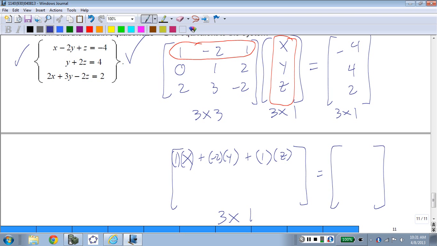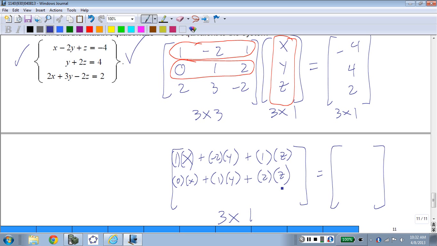The entries in the row on the left multiplied by the corresponding entries in the column on the right. Then I take the 0, the 1, and the 2 and multiply those by the x, the y, and the z. It's going to be 0 times x plus 1 times y plus 2 times z.